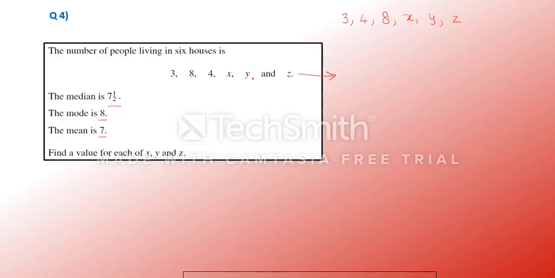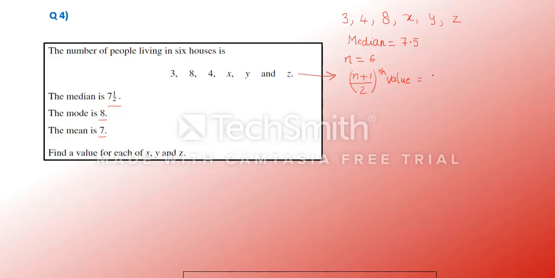Now we go back to the fact that the median of this data is given to us as 7.5. The number of values that we have is 1, 2, 3, 4, 5 and 6. So we have 6 values here, which means the median is going to be the value at the (n+1)/2th position.